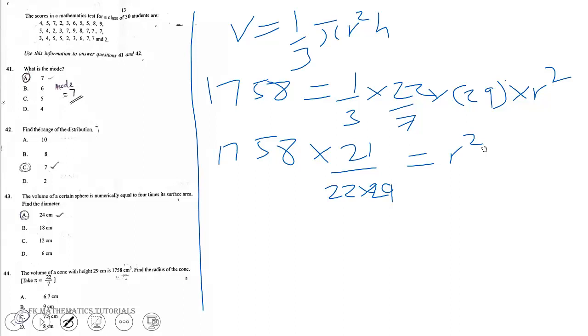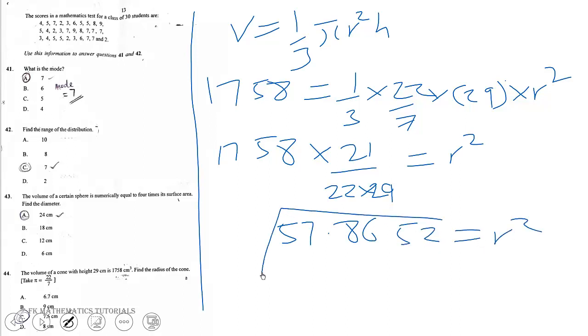So let's calculate this. 1758 times 21 over 22 times 29. So that will give us 57.8652 for r squared.